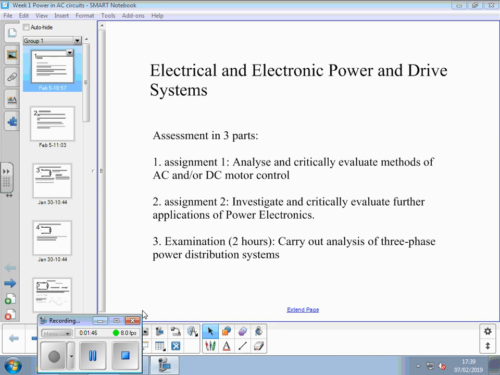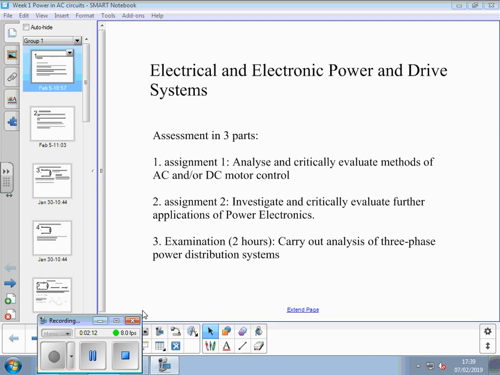There are 2 different types of applications for motors, so you pick one of them to apply the motor selection methods to, and in the second one I give 2 different topics of power electronics that you can choose one of to write about.